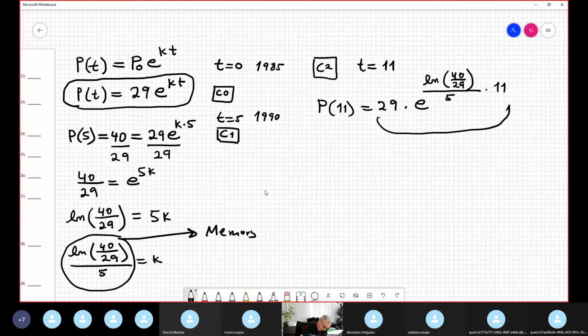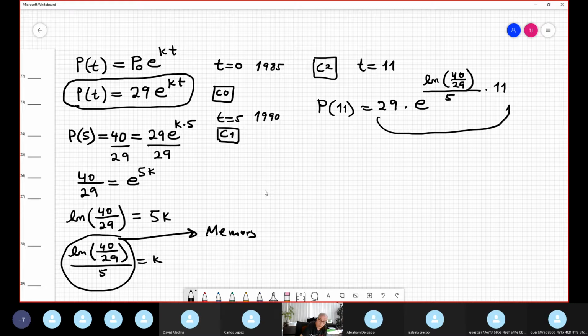Logarithm of 40 divided by 29. And outside the parenthesis divided by 5. I can put that. Okay. Save in memory K. Okay, now finally 29 multiplication, exponential.